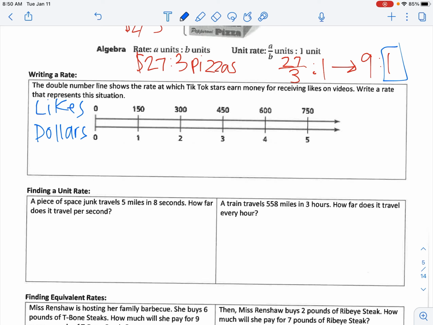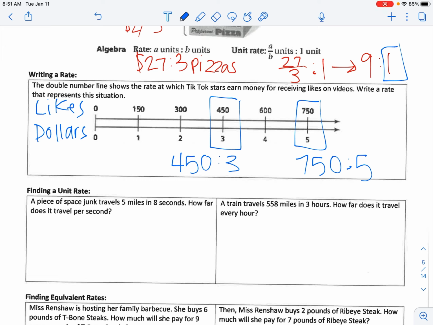So if we chose this one, our rate would be 450 to 3. If we chose this one, it would be 750 to 5. Okay. These are all equivalent rates because if you simplify each of these, you would get 150 to 1.